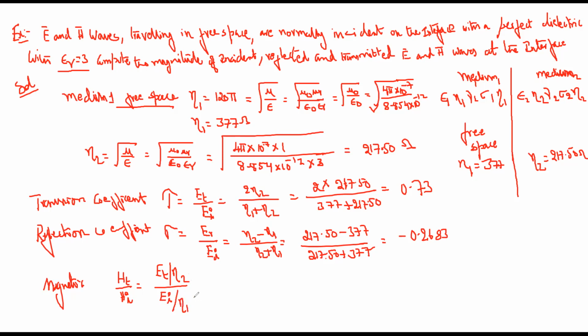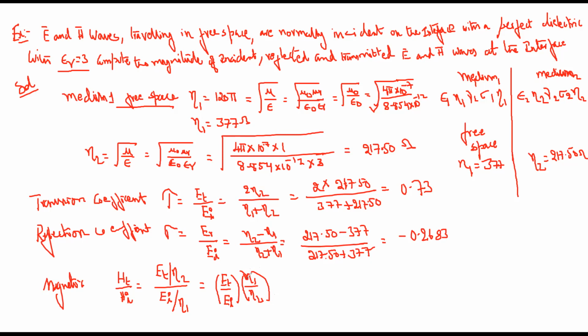So ET by eta 2 by EI by eta 1 is equal to ET by EI multiplied with eta 1 by eta 2. The denominator goes to the numerator.